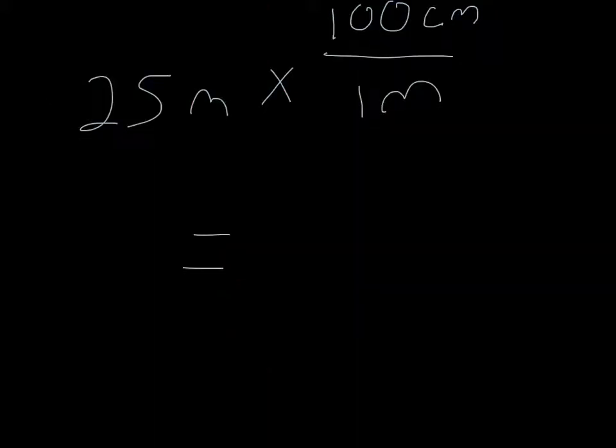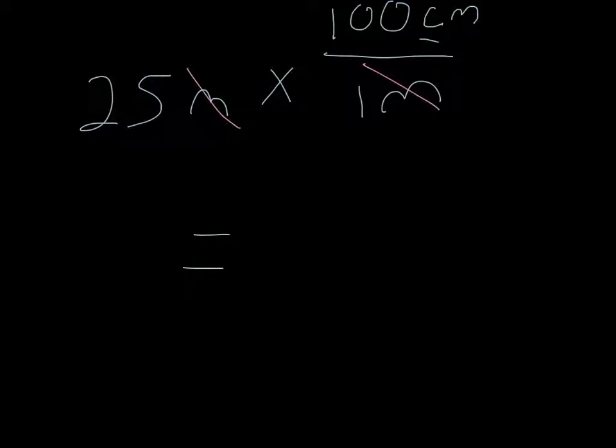Alright, here's another quick example of unit conversion. You have 25 meters, and you know there's 100 centimeters in 1 meter because the prefix centi means one hundredth, if you learn your prefixes anyways. 25 meters times 100 centimeters per meter. So we're just going to cancel units, right?